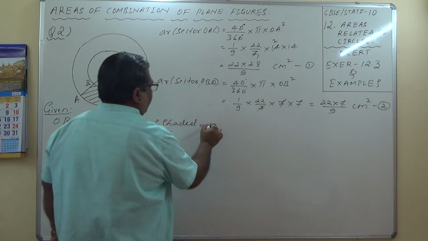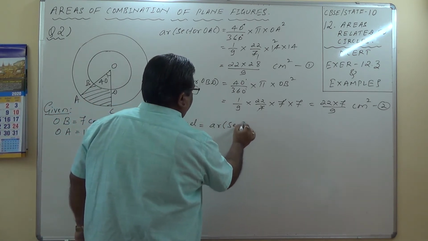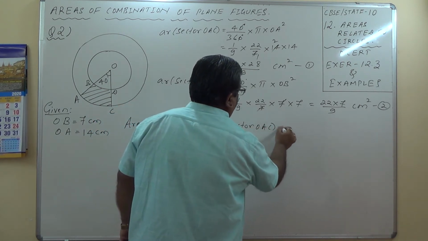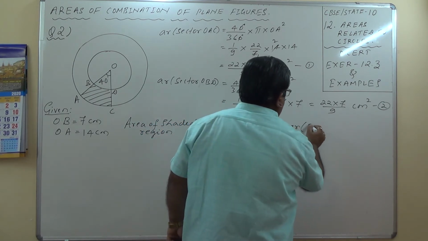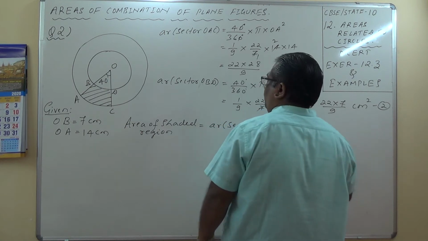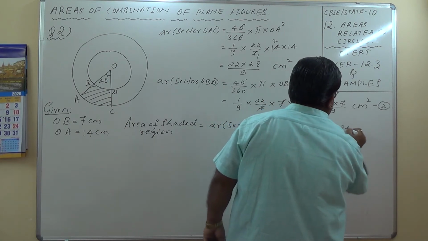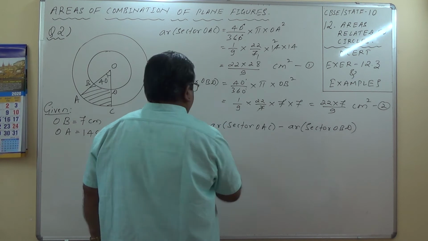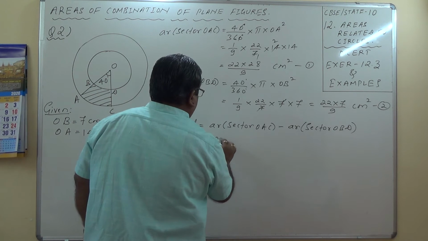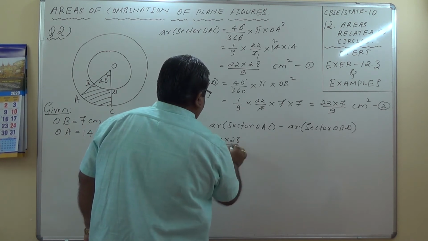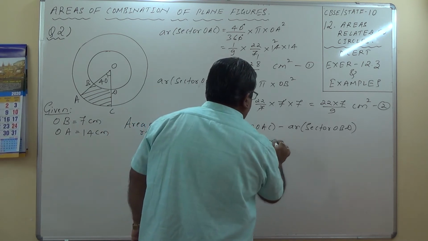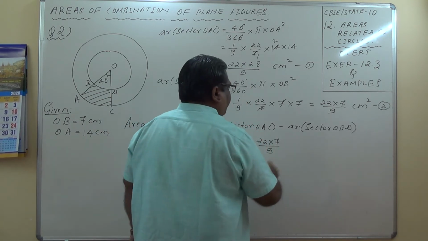is equal to the area of sector OAC minus the area of sector OBD, which is 22 into 28 divided by 9 minus 22 into 7 divided by 9.